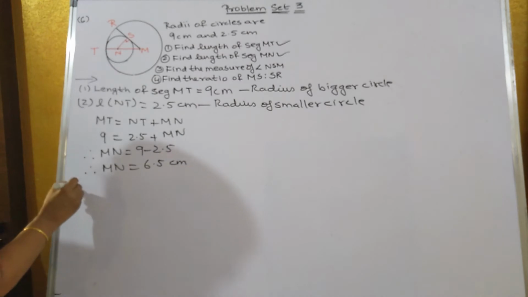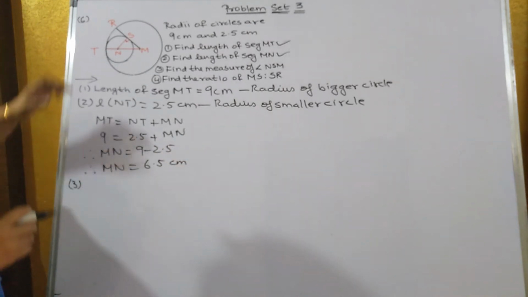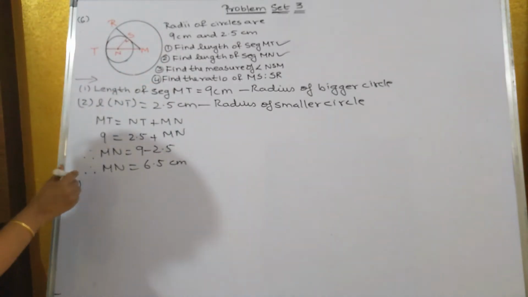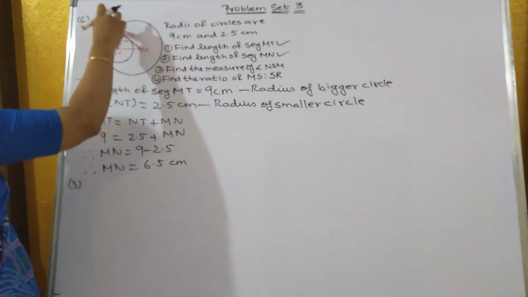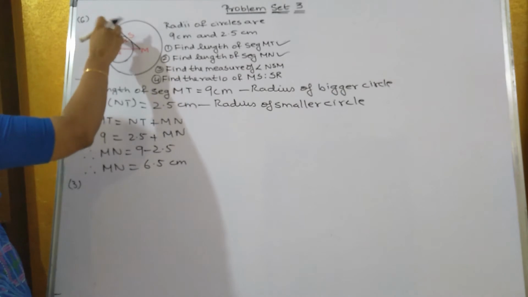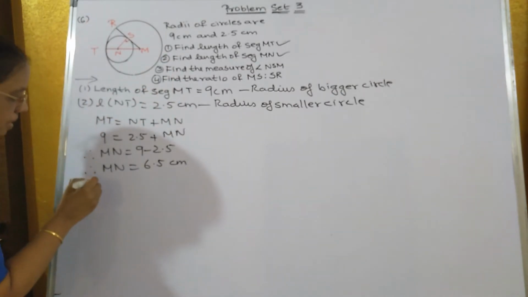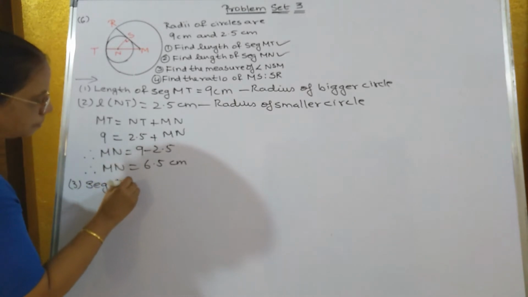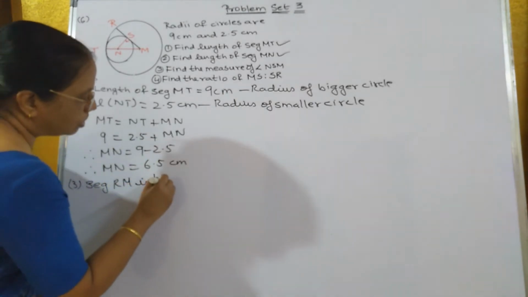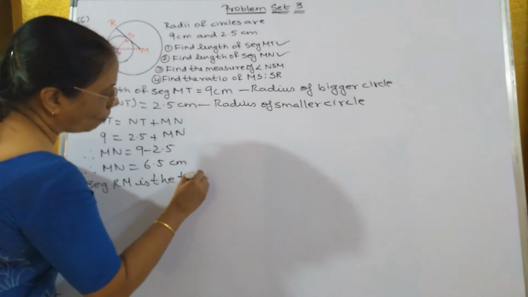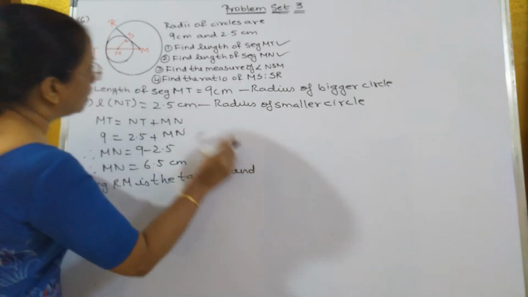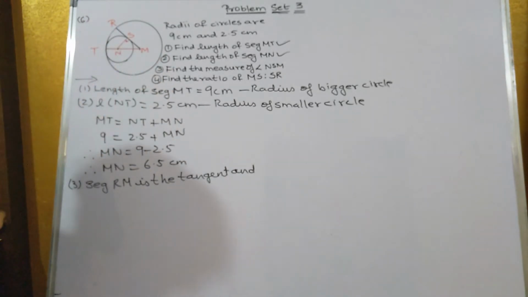Now third one, we have to find out the angle NSM. Now RM is a tangent to the smaller circle. It is touching the smaller circle at point S. So segment RM is the tangent and NS is the radius of the circle.